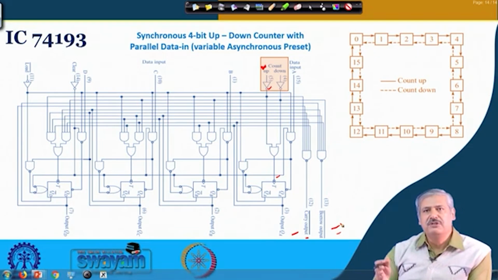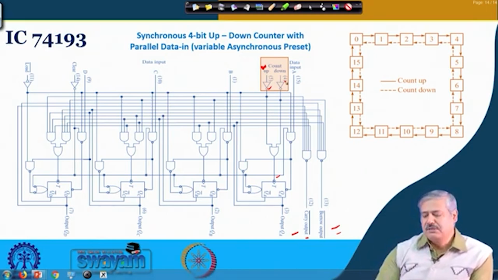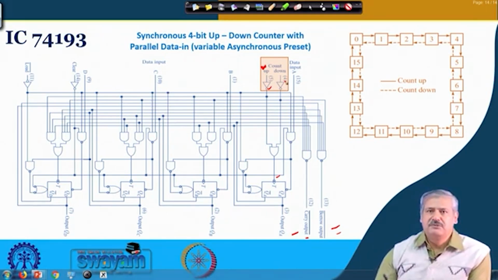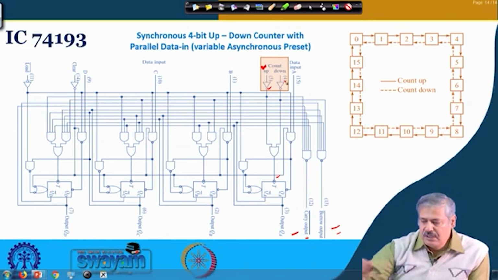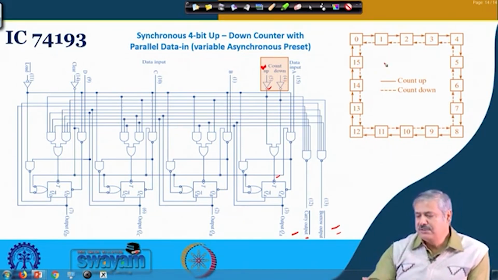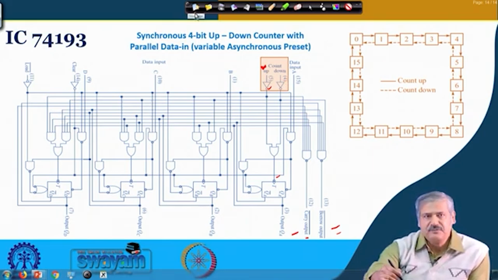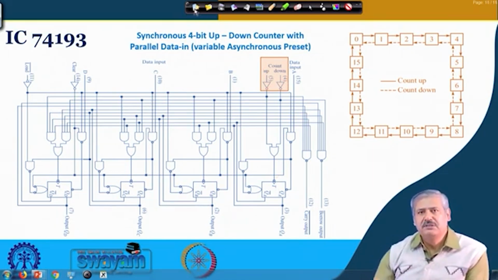When it goes to 0, that means all of them are 0 and the count down clock is at logic low in the second half of the clock cycle, at that time it will be active. Otherwise, they will not be active. And this is the count up, count down sequence that we can see. Is it okay? We shall see its performance with a timing diagram that will make it more clear.